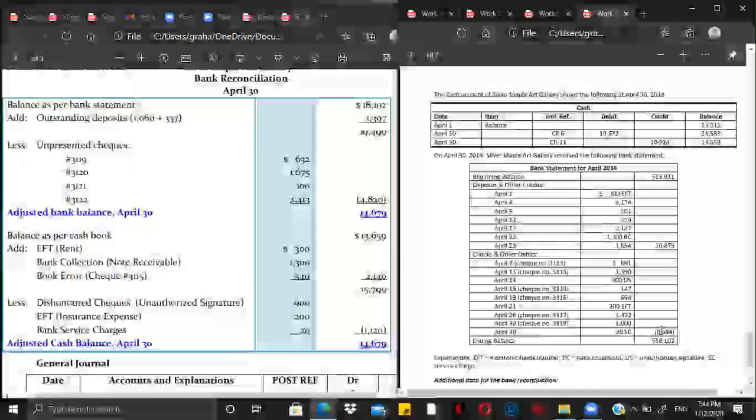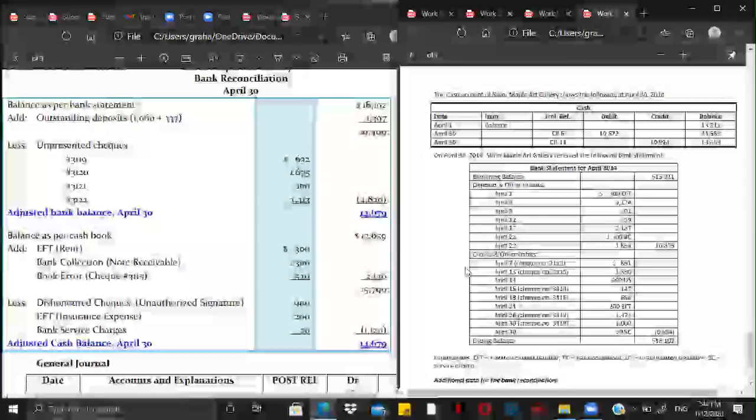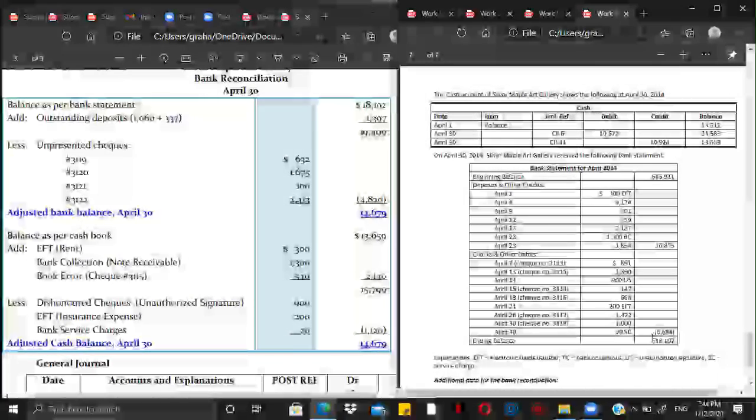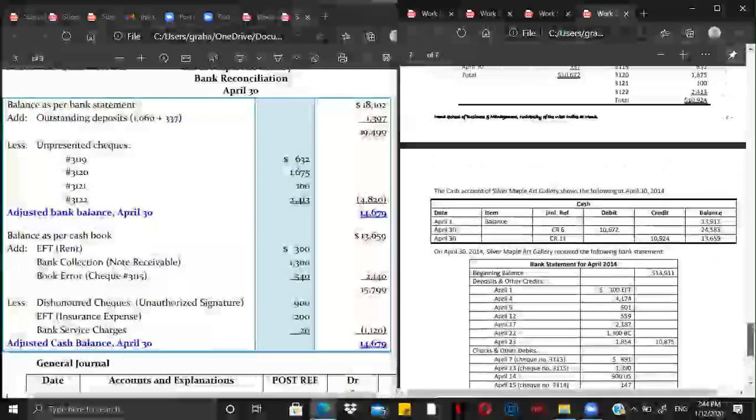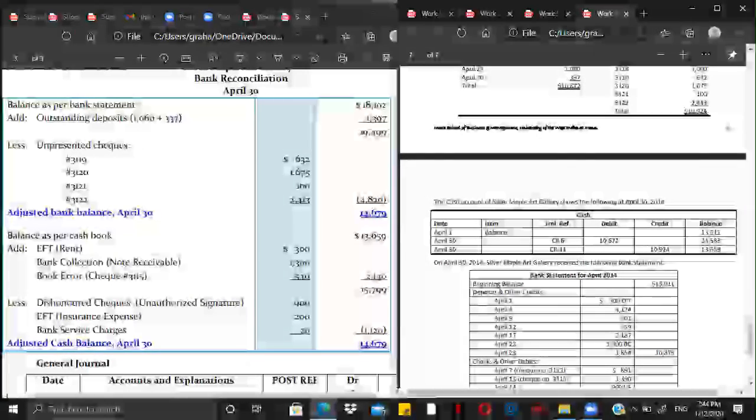April 2, 4,174. We're seeing that on the bank statement. I'm seeing that. I'm seeing 501 as well. I'm seeing 559 as well. I'm seeing 2187 as well. I'm seeing 1854 as well. 1060, I'm not seeing that in the deposit section of my bank statement.